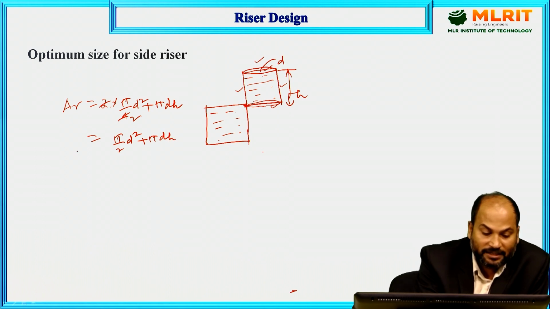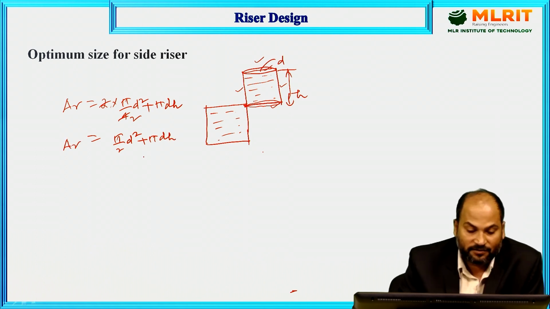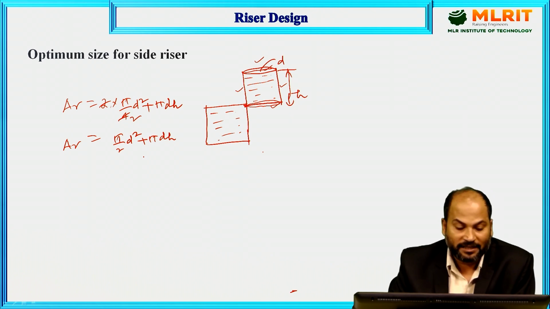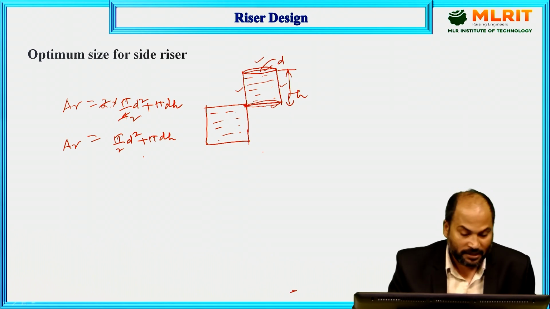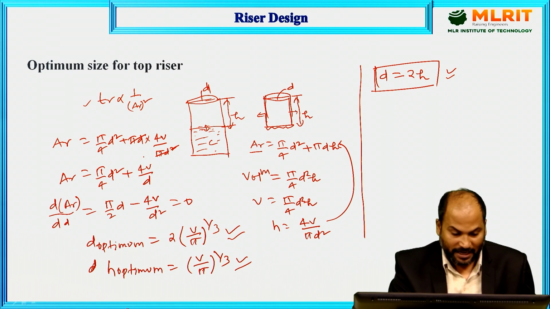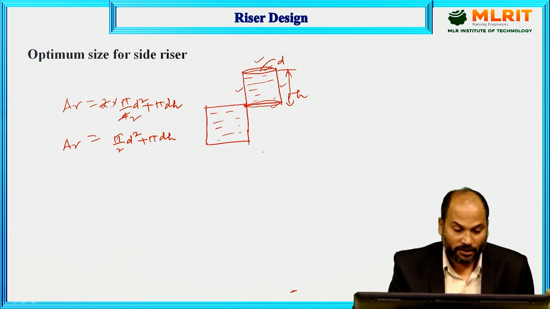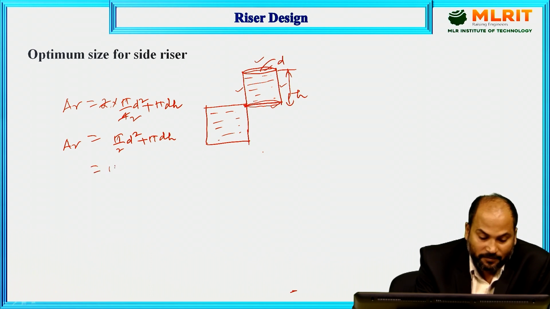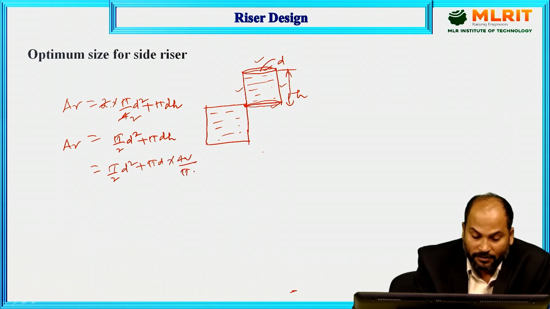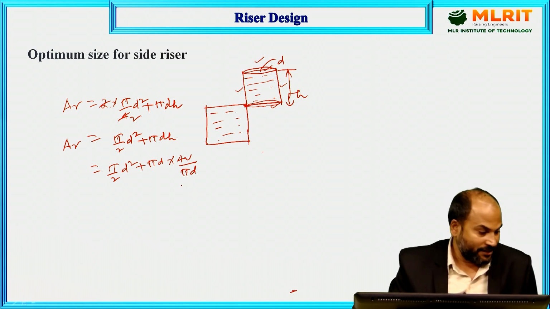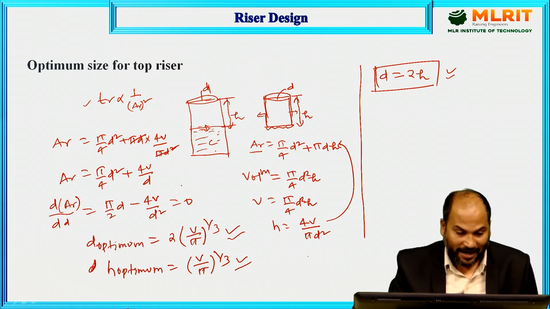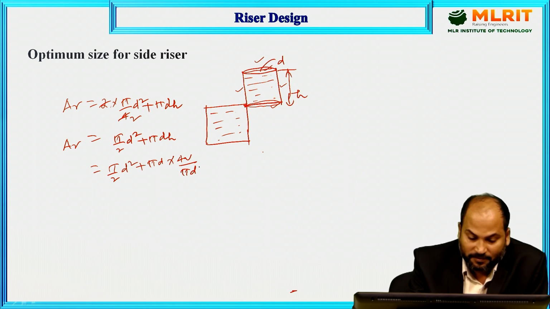We have already seen this area is a function of diameter and height. So we can replace the height. From the previous slide we can replace this height with 4V upon pi d square. So we can write the expression pi upon 2 d square plus pi d into 4V upon pi d square.